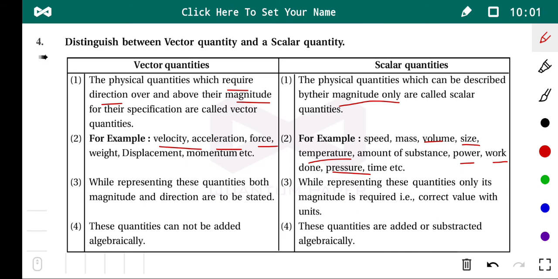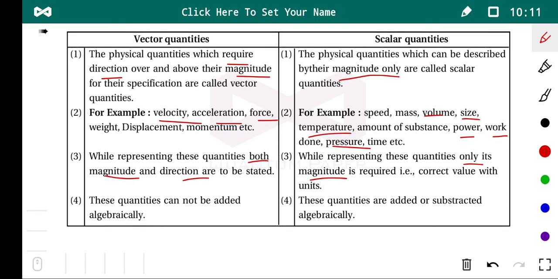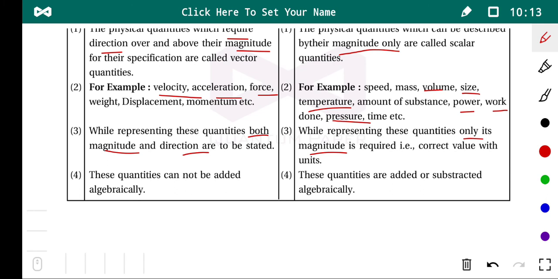For representing a vector quantity, we need both magnitude and directions. For representing a scalar quantity, we need only magnitude. Okay, and for addition or subtraction, we need some special method for vector quantities. So vector quantities cannot be added or subtracted algebraically, while scalar quantities can be added or subtracted algebraically.